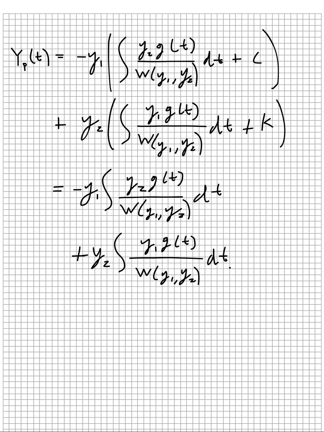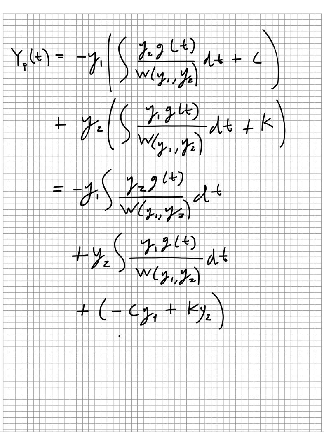And you're wondering what happened to the constants of integration. Well, they get added here on the tail end, and that's going to be negative c times y1, plus k times y2. Okay? So let's explain this.